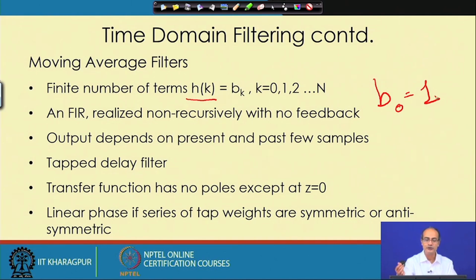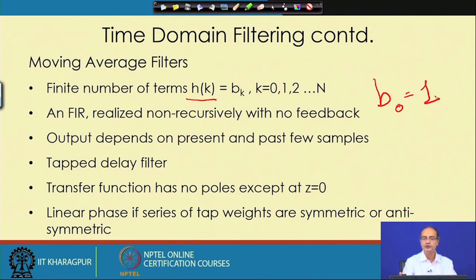So, usually b 0 is kept as 1, and this filter is an FIR filter, or finite impulse response filter, because there is no recursion or feedback here. And how does that help? Because it is an FIR filter, we need not worry about the stability of the filter.